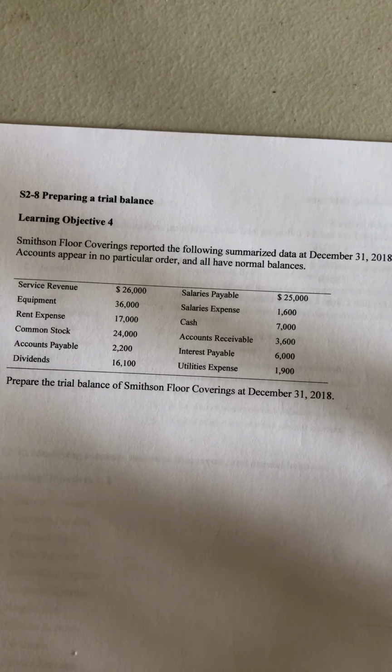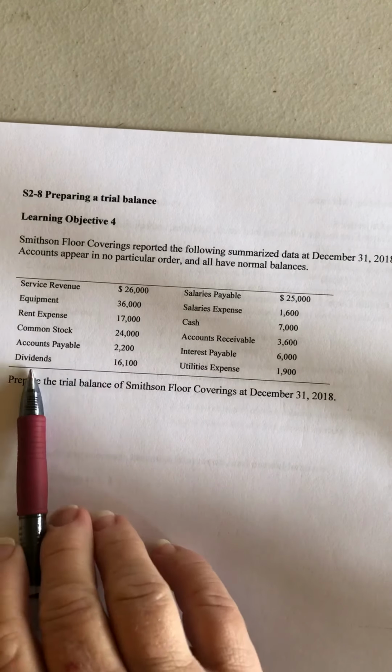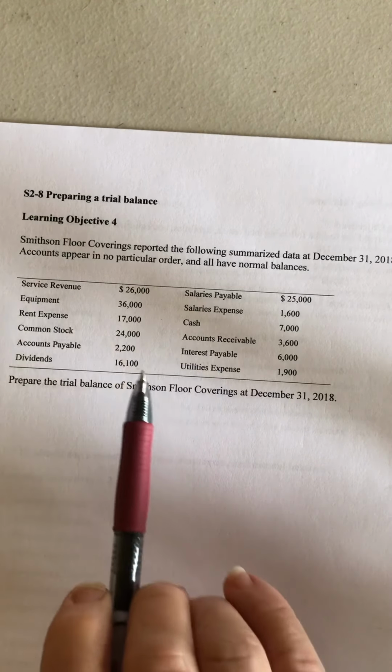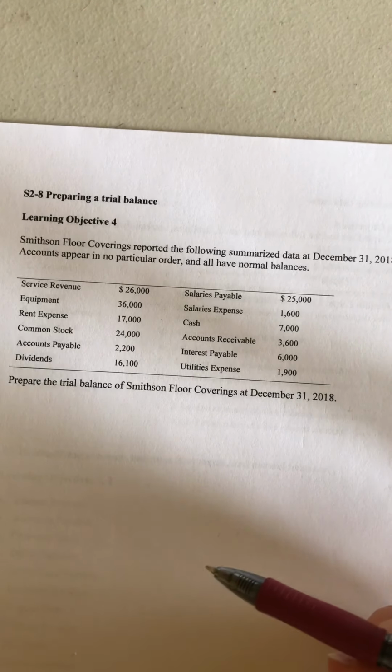Now, when I'm doing a trial balance, it needs to go in order, and it's typically assets, liabilities, equity, revenue, and then expenses. So normally what I do is I go through these accounts because they're all scattered up, and I note which ones are assets, liabilities, equity, revenue, and expenses.